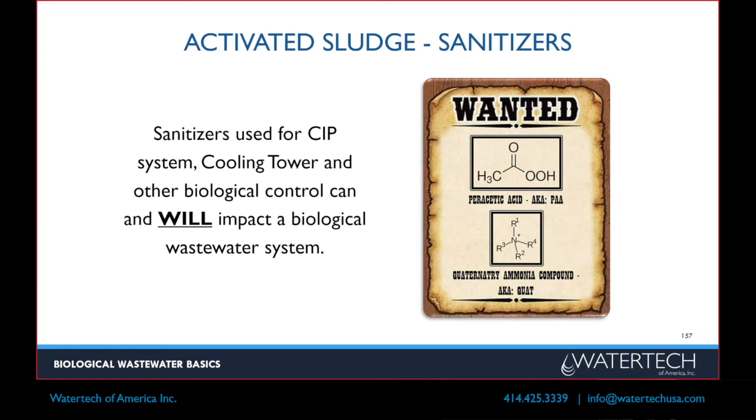Those are designed to be very aggressive at killing biological matter, as they should be. Two of the biggest ones we see now are peracetic acid and quaternary ammonia compounds. If used too much, those will flow through the system, end up in your biological wastewater treatment plant, and they will cause problems. Which one's worse?